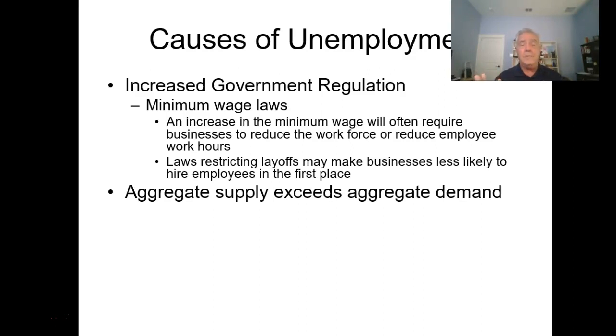So aggregate demand and aggregate supply just take the total of all goods and services produced in the economy. Aggregate supply is the total of all goods and services produced in the economy. Aggregate demand is the aggregate of all products that consumers buy.